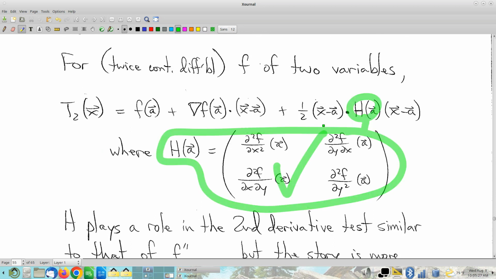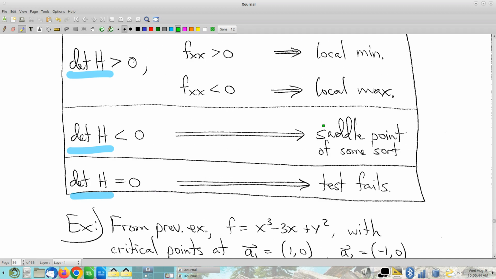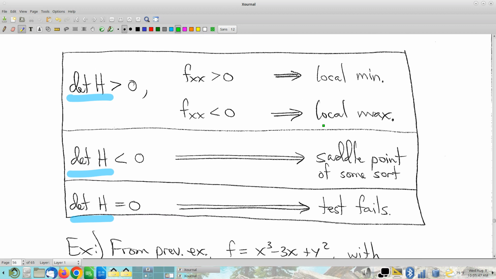It's the matrix whose entries are the second partials of your function, organized in the obvious way. That's just how this all works out. Right? Okay, so you got to look at the determinant of that Hessian matrix and take it from there.